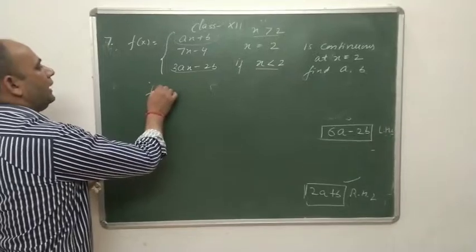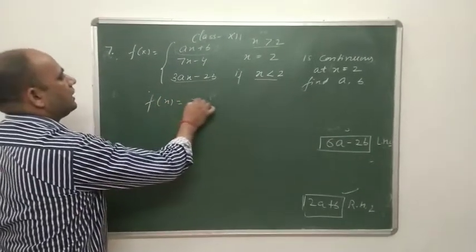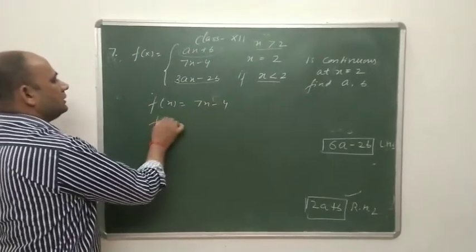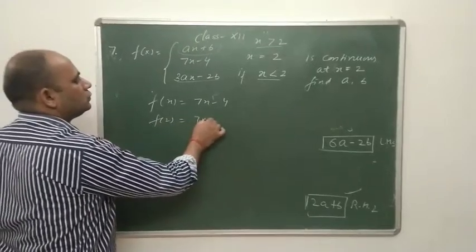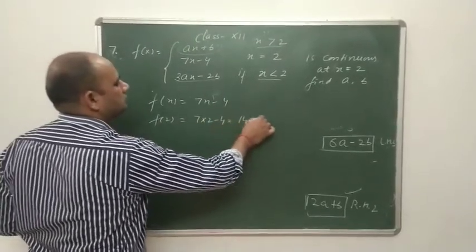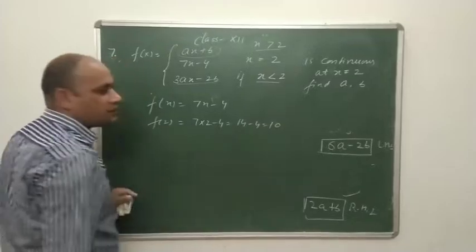For f(2), f(x) is 7x minus 4, then f(2) is 7 into 2 minus 4. It is 10.